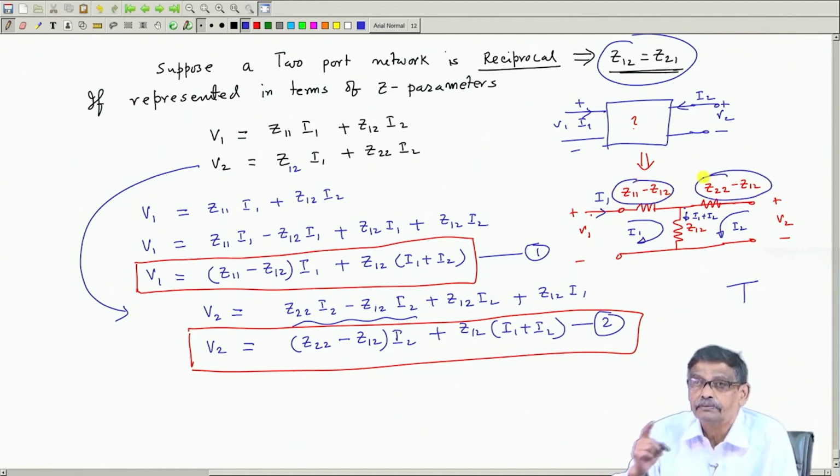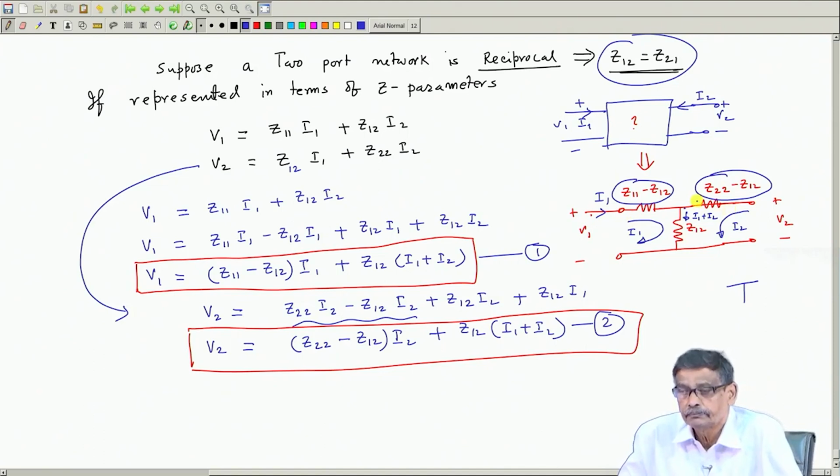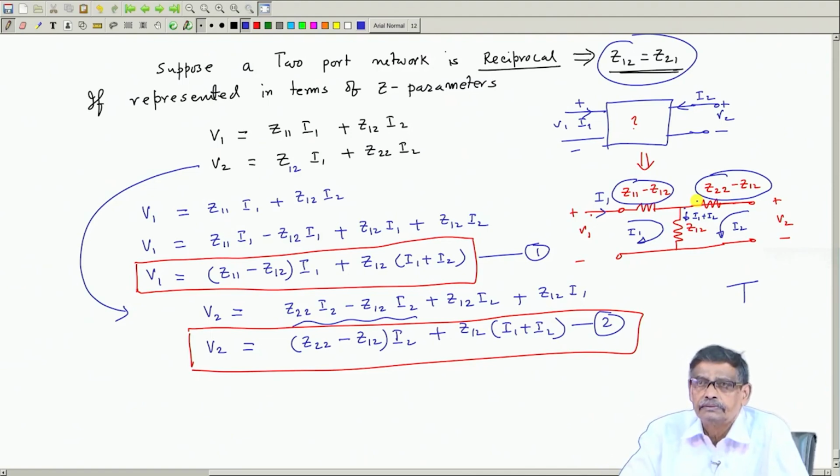Are you with me? I am now telling you something more. Inside this, I can think of it as a network like this. Got the point? Which was hitherto not known to me.